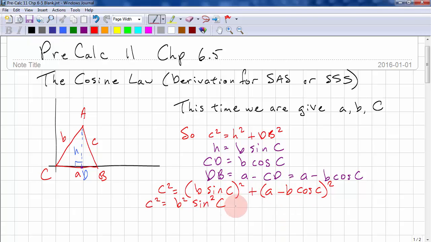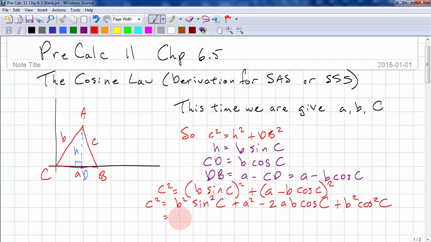Now we square this, plus a squared. Since this is squaring a binomial, we have to double this value, minus 2ab cos C. Sorry, this is a big C. And plus, now we square the final term, b squared cos squared C. And what we want to do at this point is rearrange.